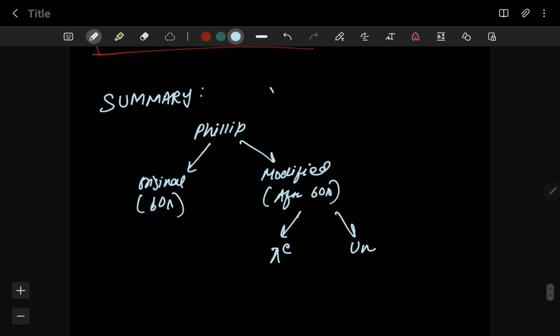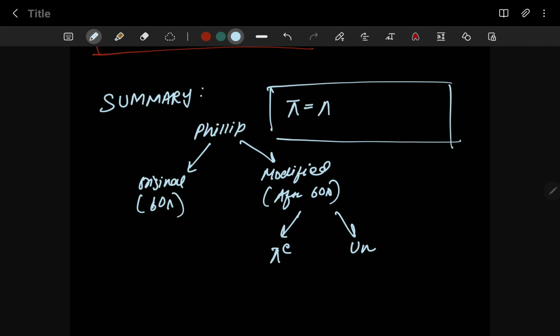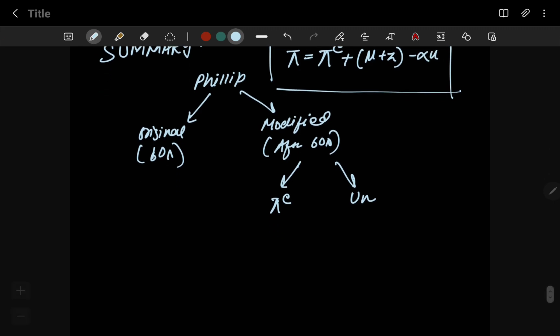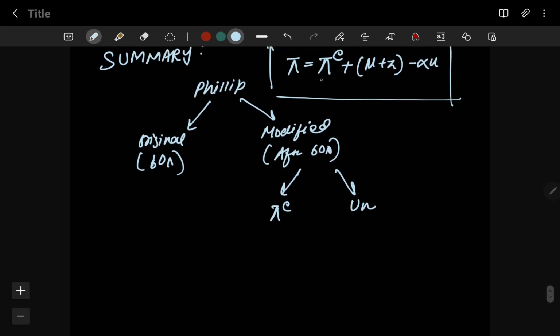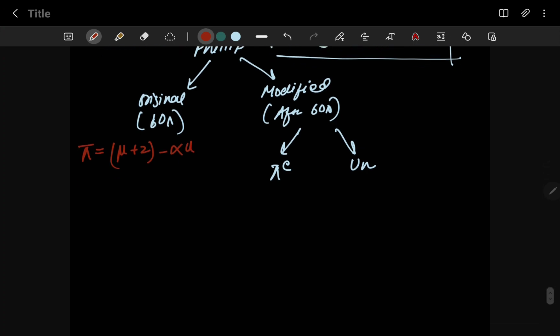Now the form that you were supposed to remember from the very beginning was pi is equal to pi e plus mu plus z minus alpha u, right? In the original form we assume that the expected inflation is 0 due to fluctuations and the average being 0. So the form that we used here was inflation is equal to mu plus z minus alpha u, right?